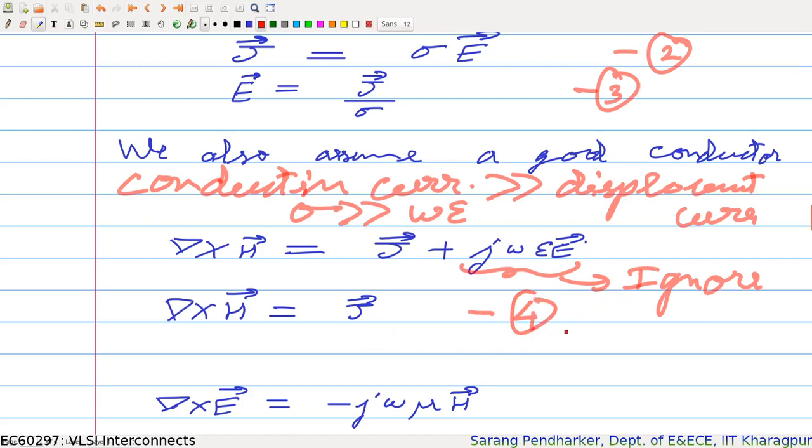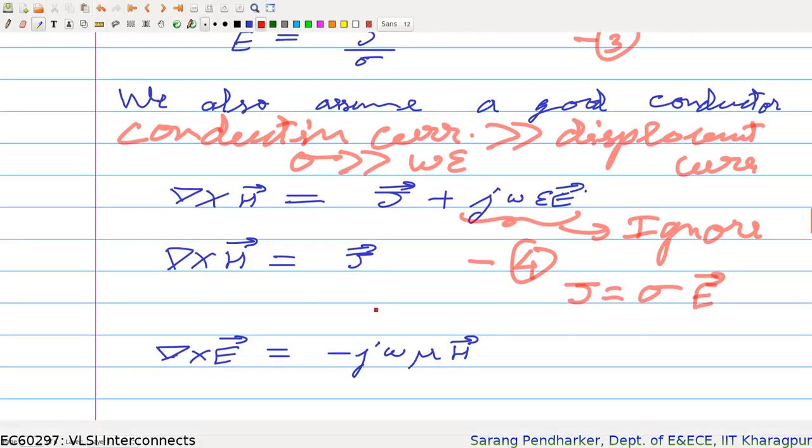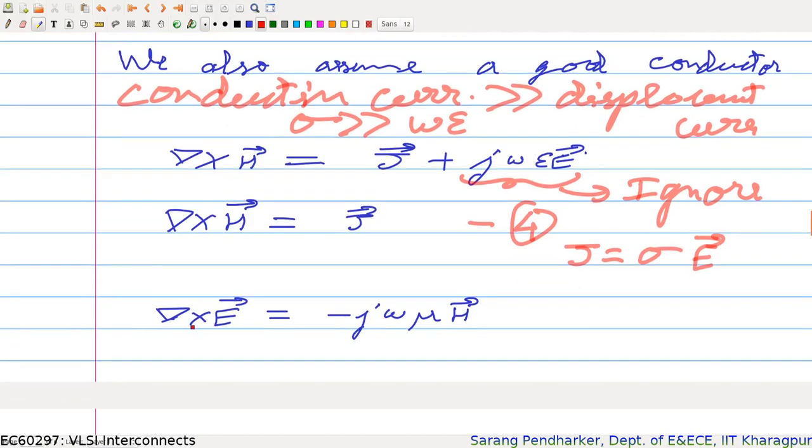Because my J is also equal to sigma E, if my conductivity is large, then this would be negligible, so I can neglect that part. Then I have this equation. Let me number it, the fifth equation. So what do I have?